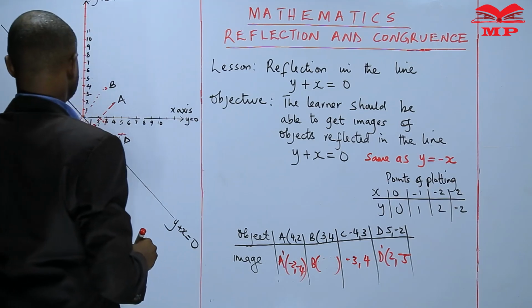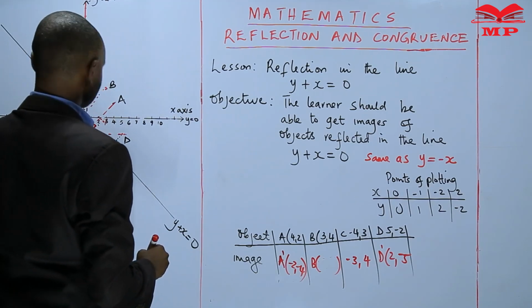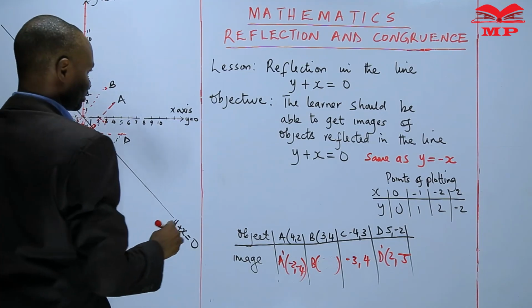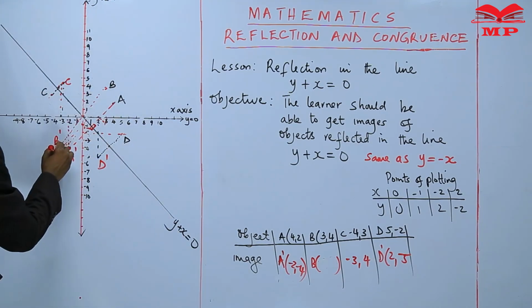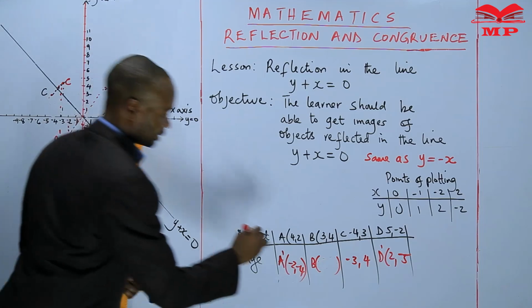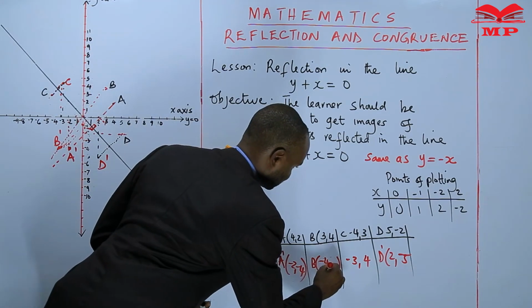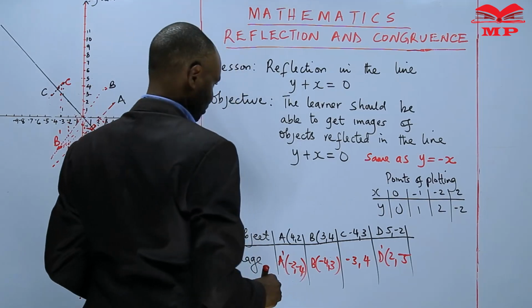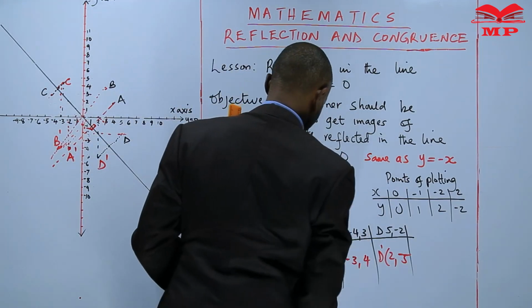B was 3, 4. So it's negative 3. It should be negative 4, negative 3. That's correct.